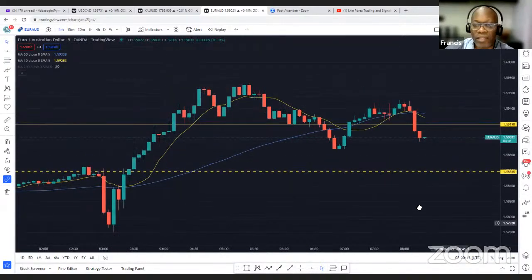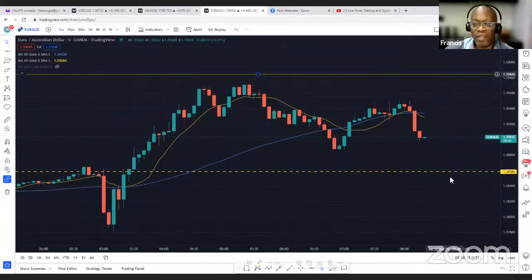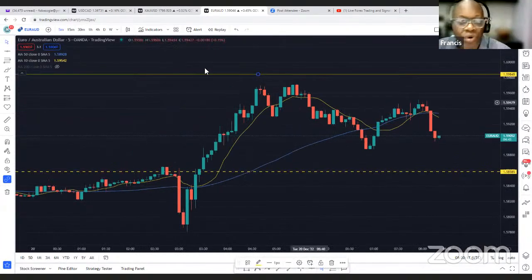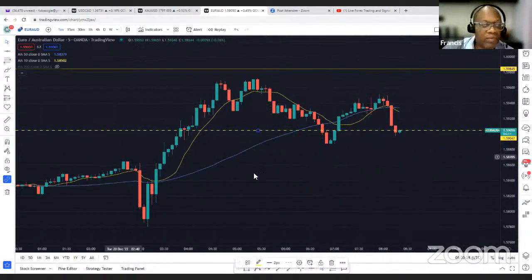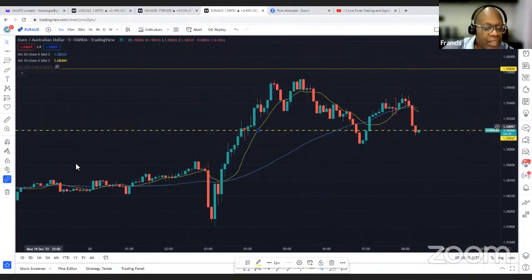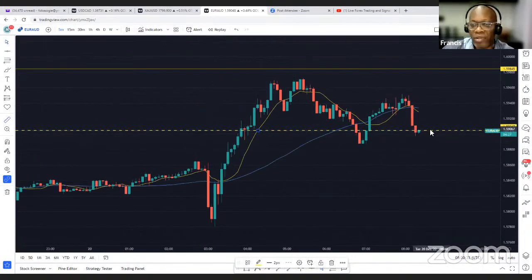Okay, let's see. So this Euro Aussie dollar is wanting to present us with an opportunity. So let's see. I want to make sure that we get some sensible risk to reward from that.